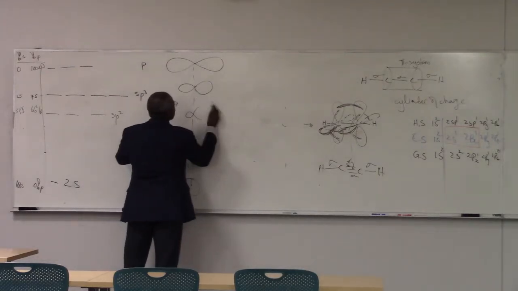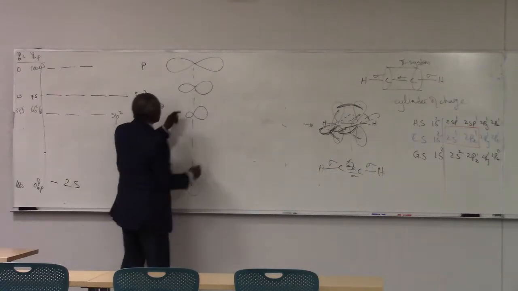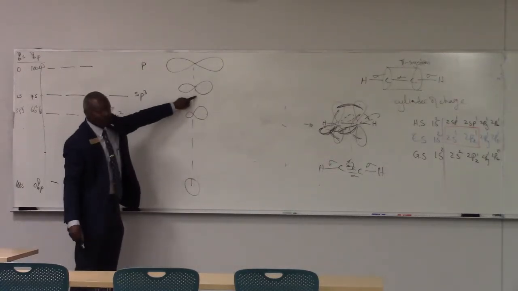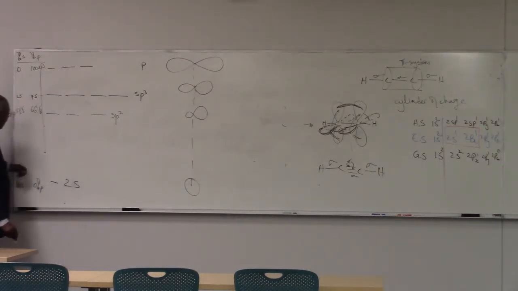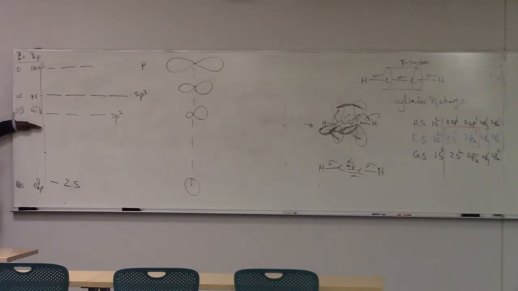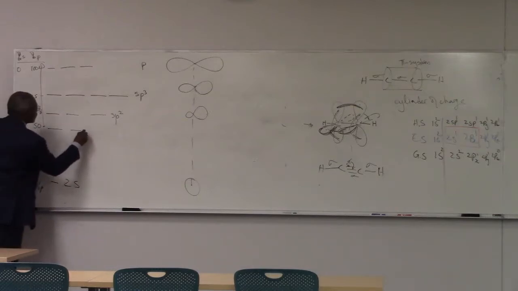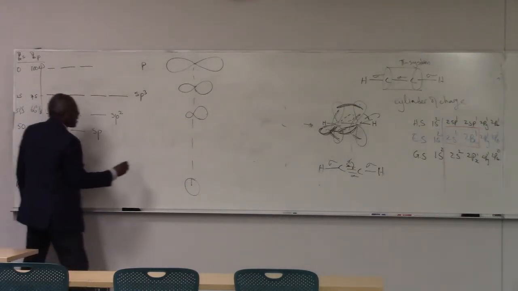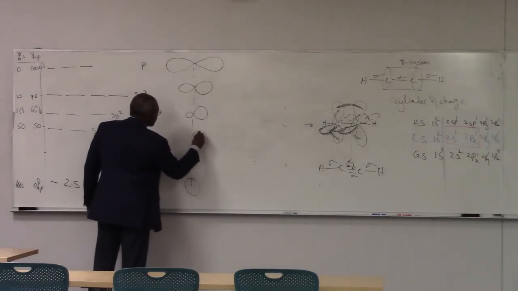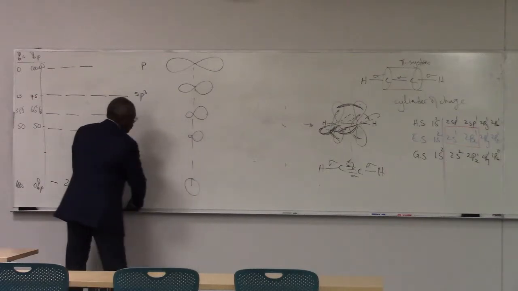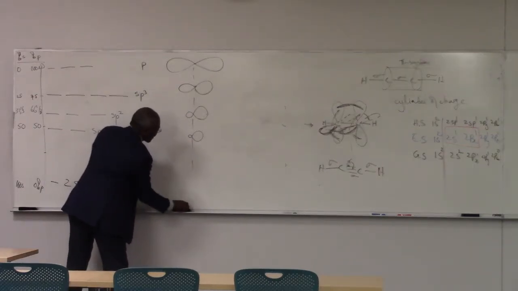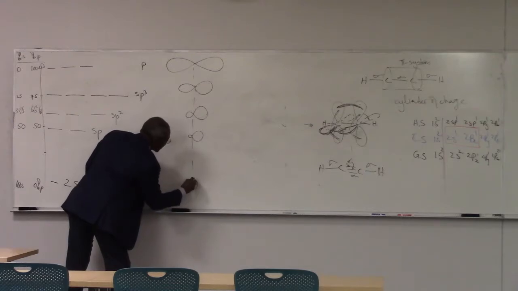It's rounder and smaller than that one. If I divide the gap in half for sp, that's about here, I've got 50% S, 50% P, and they're 2 sp hybrids. They're smaller and even rounder. So that's my sp. I'll have to adjust this down a little bit. So the S would be like that.